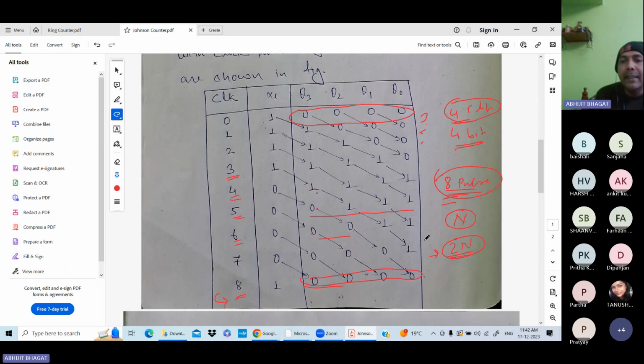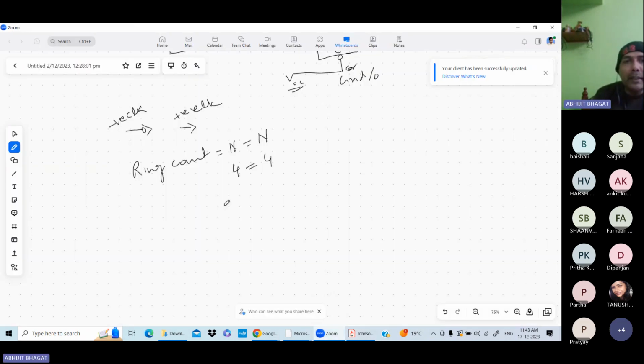In the previous case, the count value is n. The count will be as many as the number of flip flops. For the ring counter, the number of flip flops is 4 and the count value is 4. But in case of the Johnson counter, if the number of flip flops is 4, the count value is 2n, which means 8.